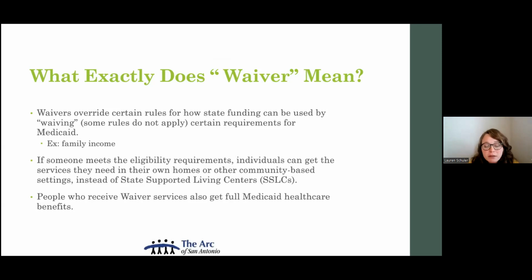If someone meets the eligibility requirements, individuals can get the services they need in their own homes or other community-based settings instead of state-supported living centers. That's a common theme you're going to see running through everything I'm discussing. The goal is to get individuals out of those state-supported living centers and institutions and into community-based settings or their own homes. And people who receive waiver services are also eligible for full Medicaid healthcare benefits in addition.